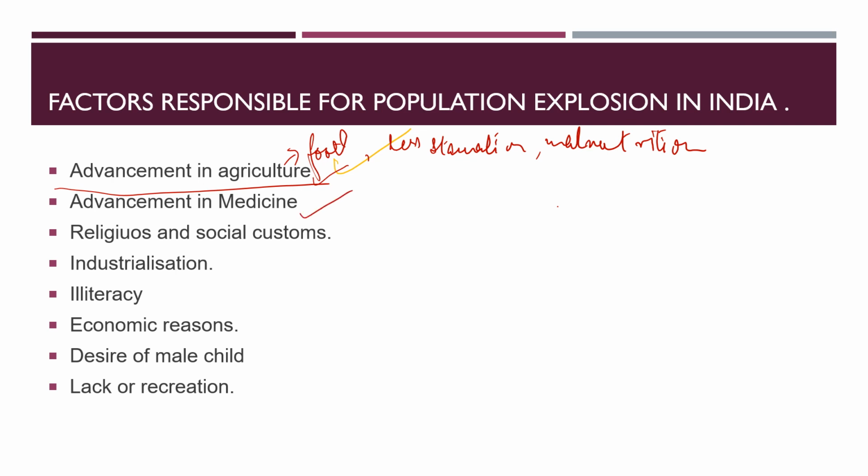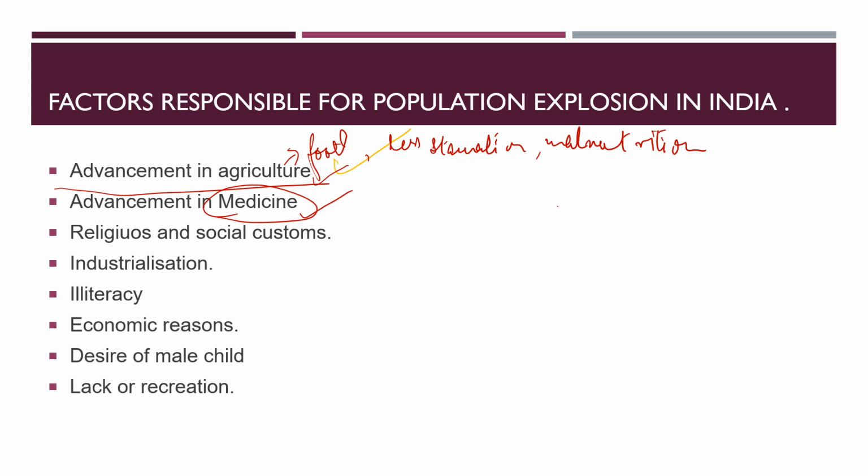Next comes the advancement in medicine. This is quite a natural fact, as many vaccines have come. There are several measures to control the epidemic diseases which used to decrease the lifespan. More and more people are getting proper medicine for their diseases and they are getting treatment.